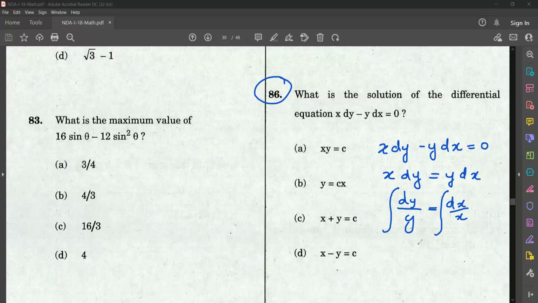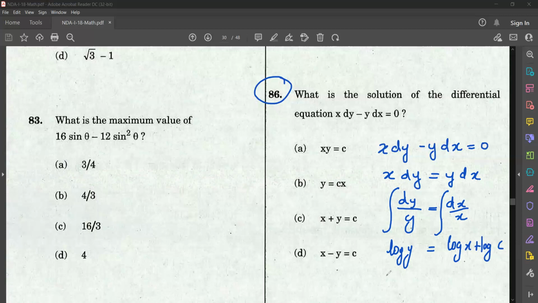If you integrate both sides, what is the integration of 1 by y? That is log y, isn't it? Is equal to integral of 1 by x, that is log x, plus, if log is there, we'll take the constant as log c. Now what is the solution?